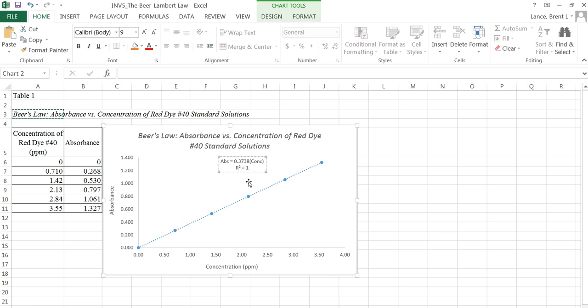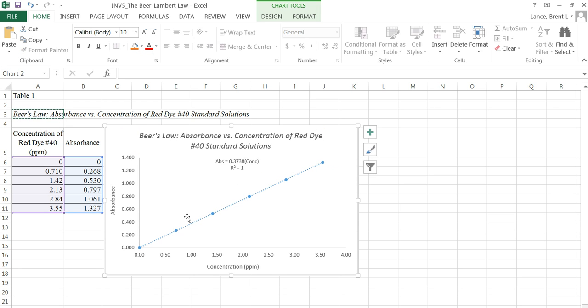So the absorbance is equal to 0.3738 times the concentration. That part gives me the equation that I can use to solve for the unknown's concentration, because I did measure the unknown's absorbance value. So now I have an equation for the line of best fit, and I can use that to do calculations with.